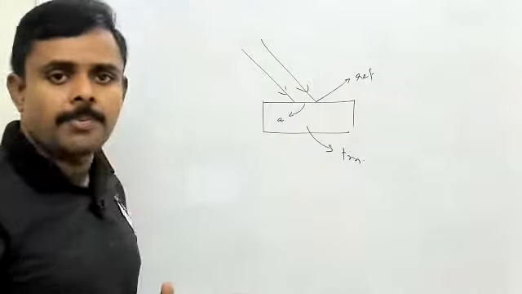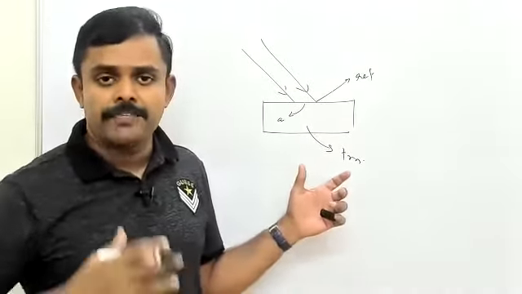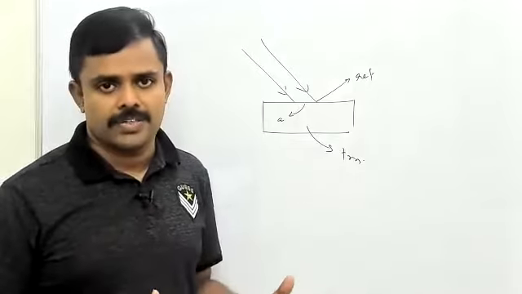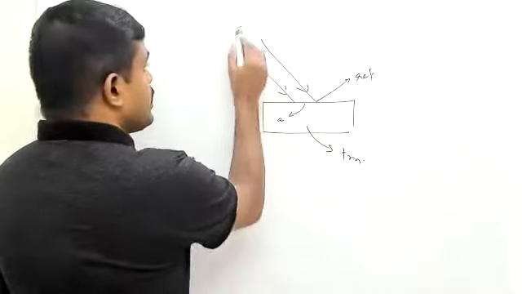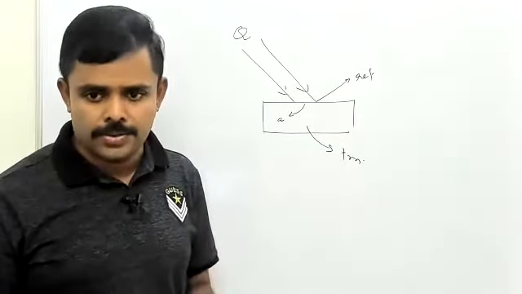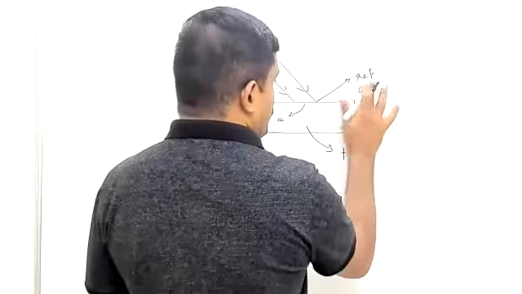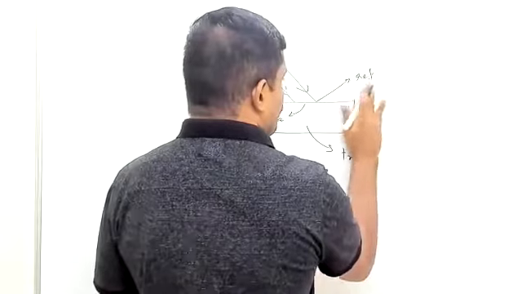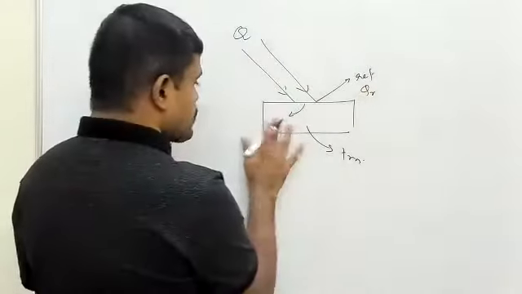There are 3 components for the incident radiation. We have taken a body, a surface, and there is an incident radiation which I can call Q. The amount of radiation incident is called Q, and a part of it is reflected. The reflected component is called QR. And there is absorption.